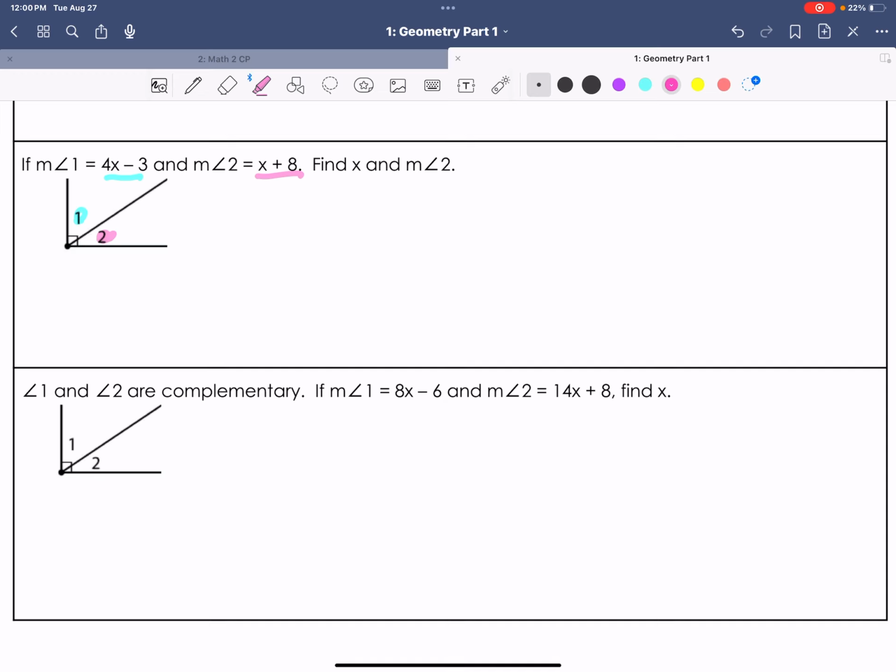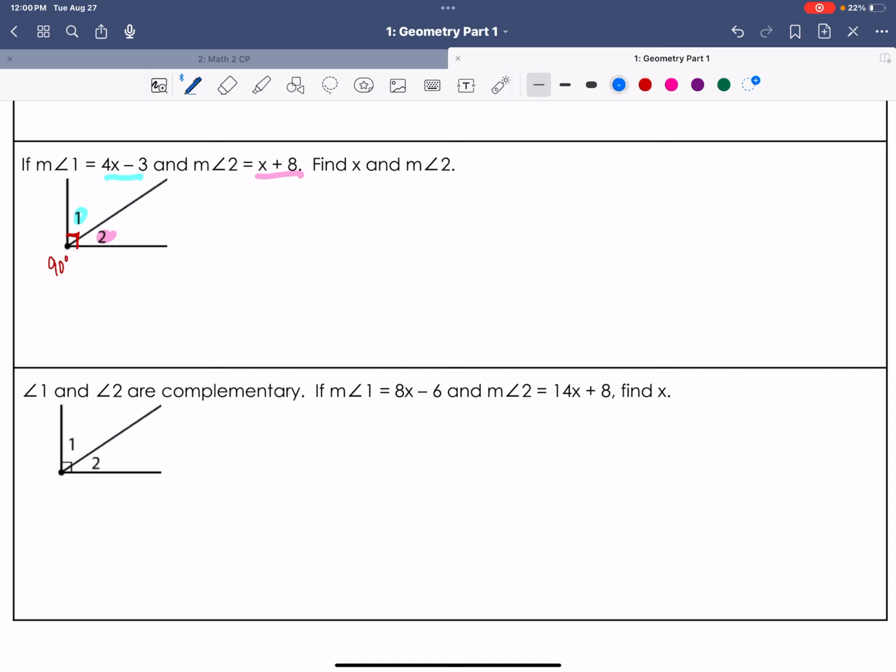Find x and the measure of angle 2. So what we need to do is, an important piece of information here is that this forms a right angle. If it's a right angle, the total is 90 degrees.